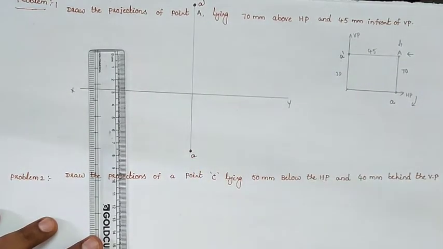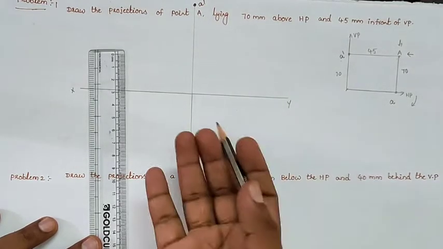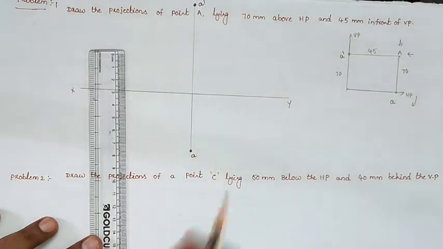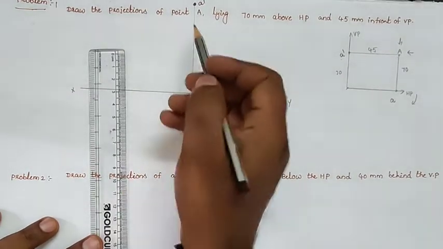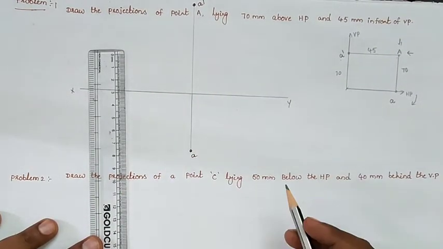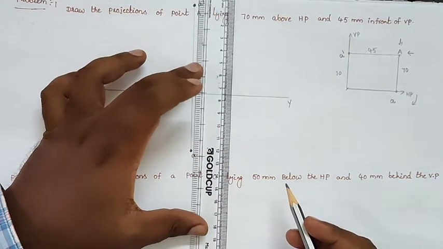And we will draw the side view also. How will we draw the side view for this diagram? So this is your diagram. Like that we construct the projections, front view and top view. After drawing the front view and top view, we will construct the side view also.